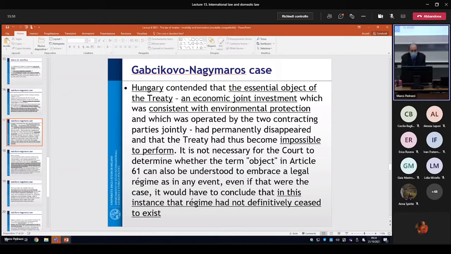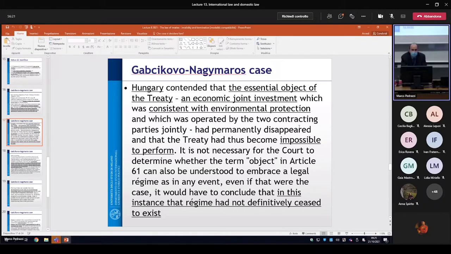So the court says, I do not need to decide whether the essential object of a treaty can also be an economic joint investment consistent with environmental protection, so a certain regime. Because anyway, this regime has never disappeared.